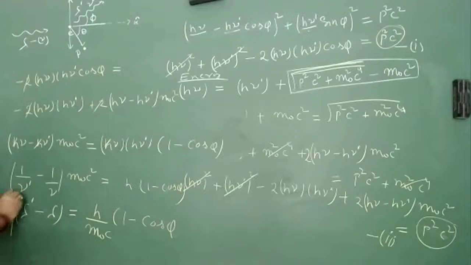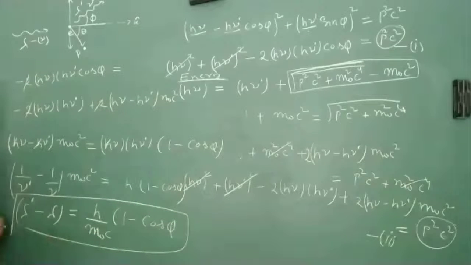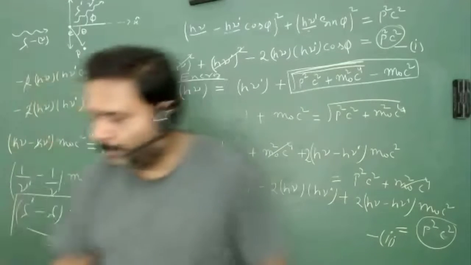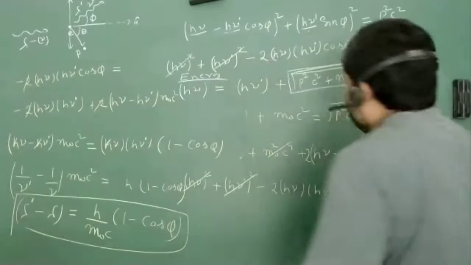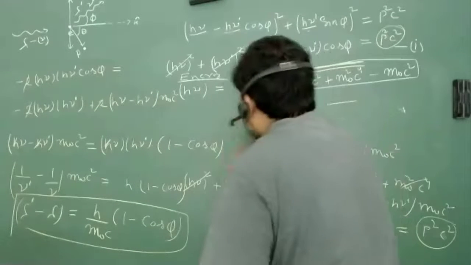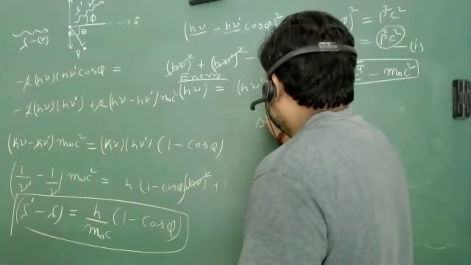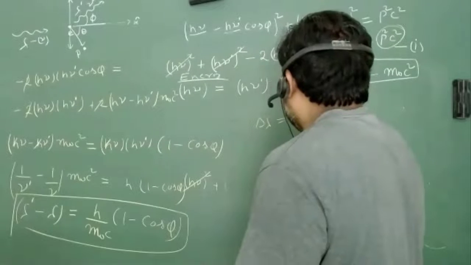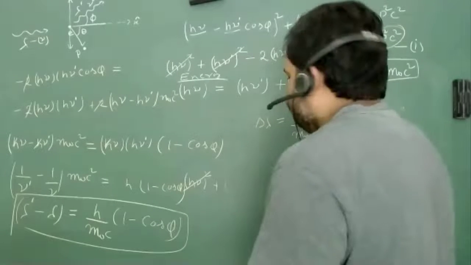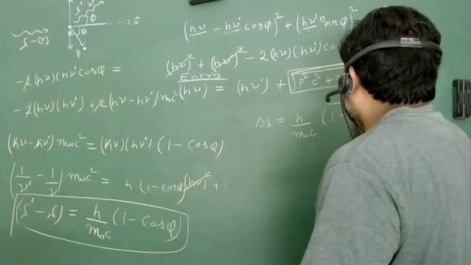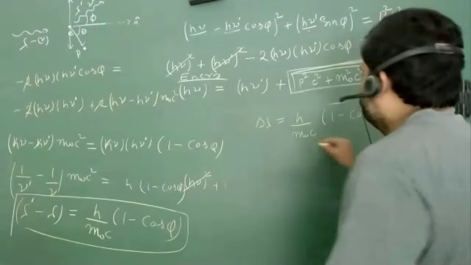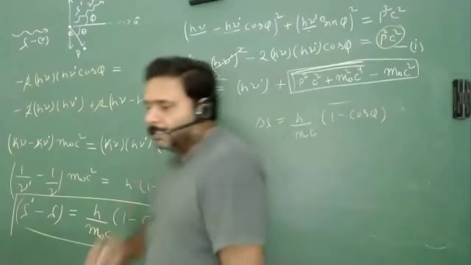And this is identified as the relation for the Compton effect, and this lambda dash minus lambda is identified as the change in wavelength. So the change in wavelength is equal to h upon m naught c times 1 minus cos phi, and phi is your scattering angle.